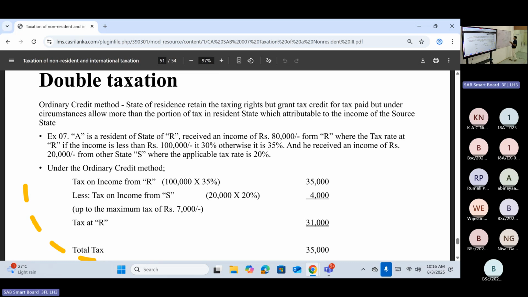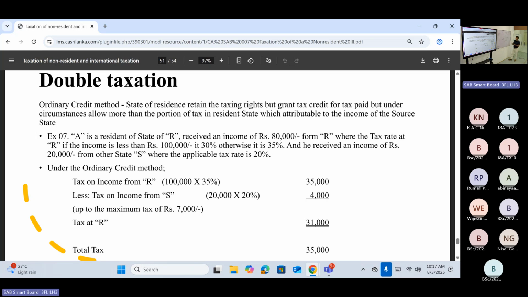This country is receiving 8,000. Where the income is less than 100,000, the tax rate is 30%. For 100,000 or more, the rate is 35%. In the source country, the tax rate is 20%. Now he is receiving 20,000 from that country, so the tax is 4,000.